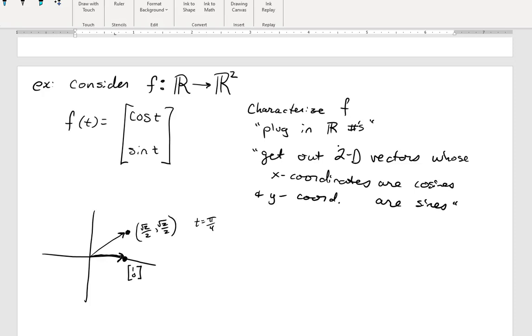Right, that's the cosine and the sine of pi over 4. All right, if t were pi over 2, we'd have the vector 0, 1.